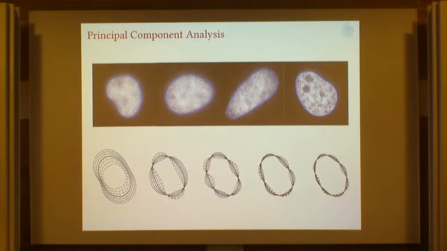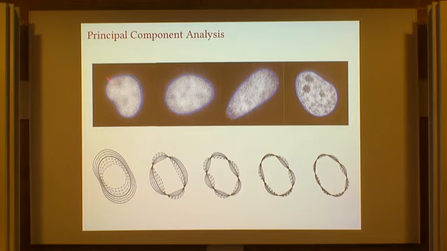If we have that, we can then try to generalize the idea of principal component analysis from linear space to nonlinear space. We have a collection of shapes, we calculate the mean shape, we linearize our space around that mean shape using our Riemannian normal coordinates, and then in the tangent space we perform principal component analysis. And then map the results, again using the Riemannian exponential map, back to the original space.